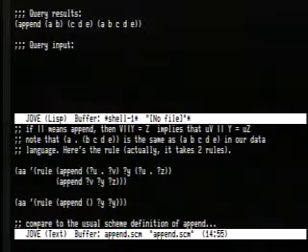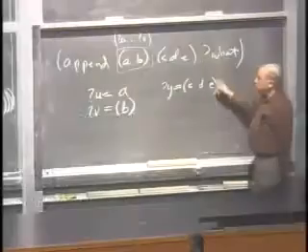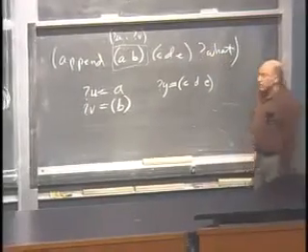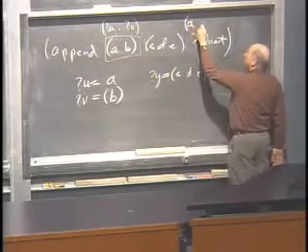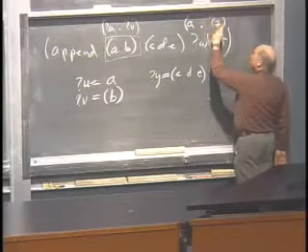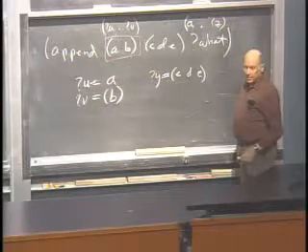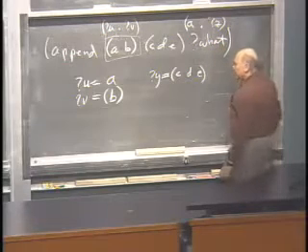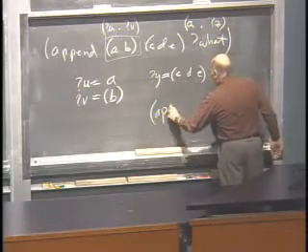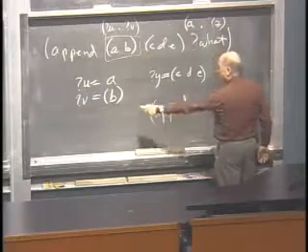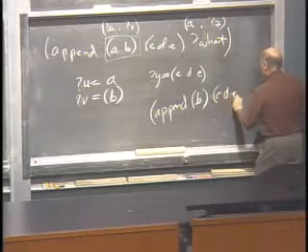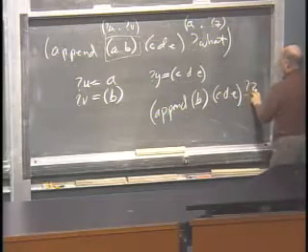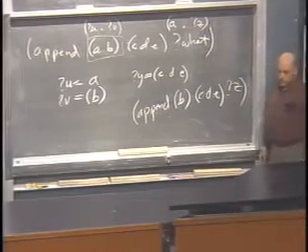So back over here in my example, what's the answer going to be? Well, we know what U is, it's A, right? So it's got to be A dot $Z, where $Z is the result of this query: append V Y Z. Okay?